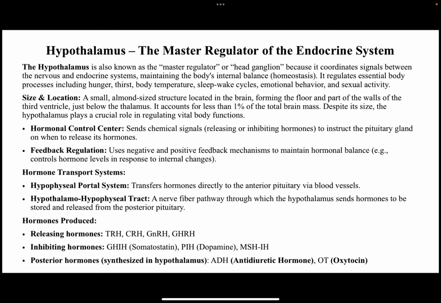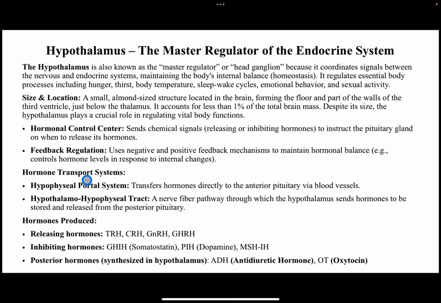Then that mechanism will cause it to stop releasing. So it uses both positive and negative feedback mechanisms to maintain the hormonal balance, controlling the hormone levels in response to internal changes in the body.